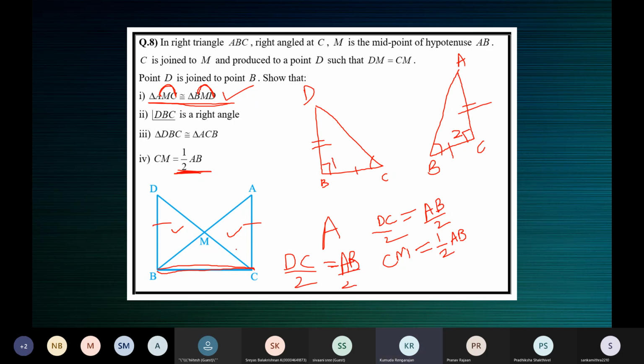DC by 2 is DM or MC, but we'll write CM because that's what we have here. CM is equal to half of AB. We'll not disturb AB by 2 because on the other side we have half AB only. So like this we prove that CM is equal to half AB.